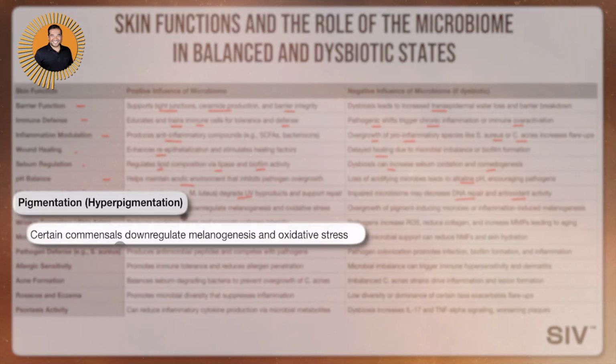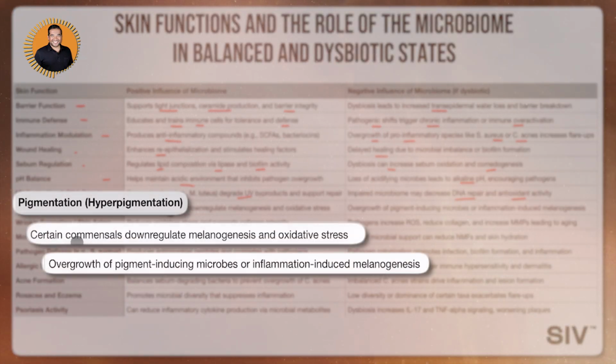Hyperpigmentation, this is another really interesting area because certain commensals can downregulate melanogenesis, right? Which is the overproduction of melanin, which leads to that age spot or that hyperpigmentation, and they can also reduce oxidative stress. When melanocytes, the cells that make melanin, undergo a lot of oxidative stress, they can become what we call senescent, which is a zombie cell, and they can just sit there and produce a lot of melanin without actually dying or turning over.